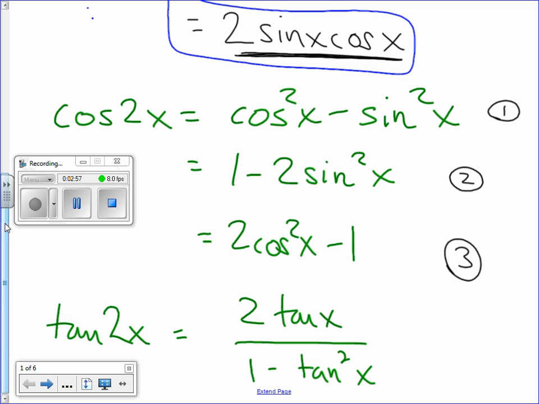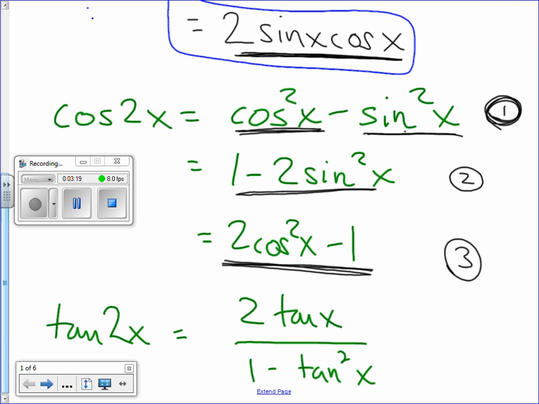Now, once you get past the first one, each one of these 2, here and here, is a different way of combining these 2 terms. I could do a substitution with cosine squared x and come up with this, or if I start back here with this first option again, and I do a substitution with sine squared x, I would end up here.